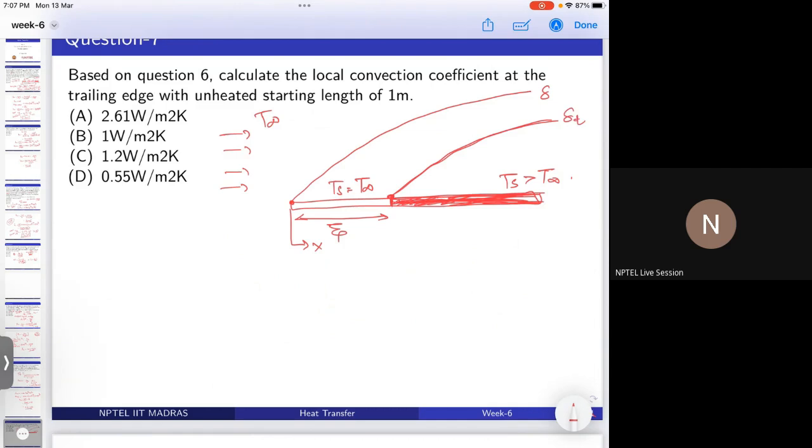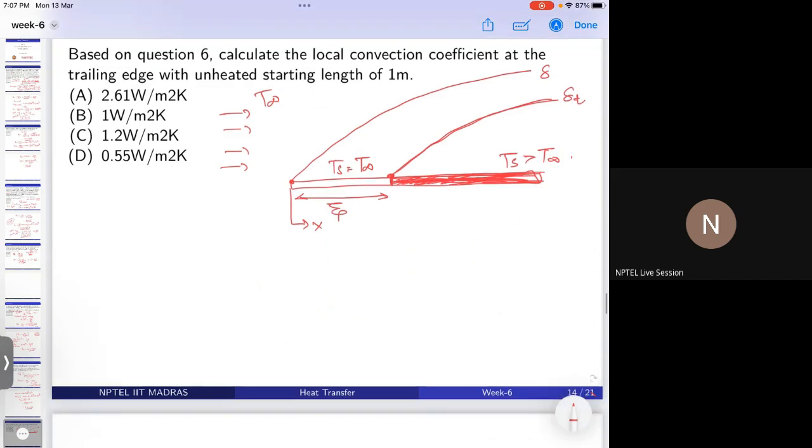So this is the case of a flat plate with a parallel flow with an unheated starting length. Okay. So I just introduced this question because there is a concept like this.